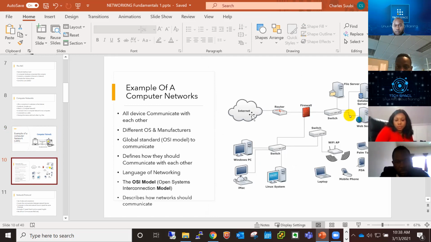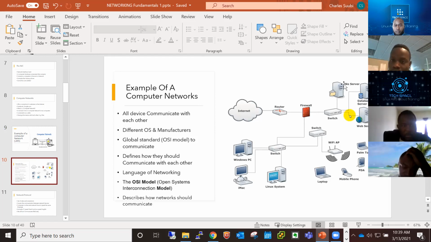So here we do have things like the internet, the router, the firewall, switches, and behind the switch, we do have servers. We have a file server, a database server, a web server. You guys have learned about servers, right? Can someone give me a yes if you want about servers? Just like yeah.